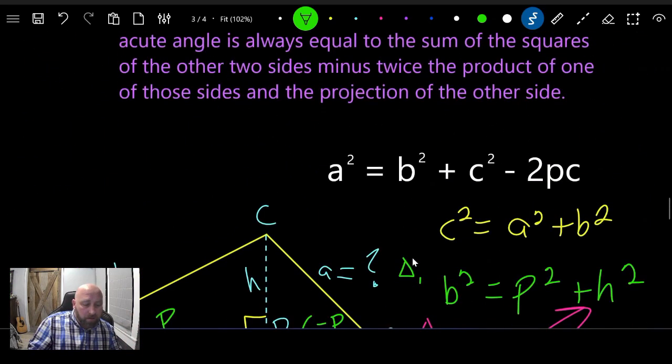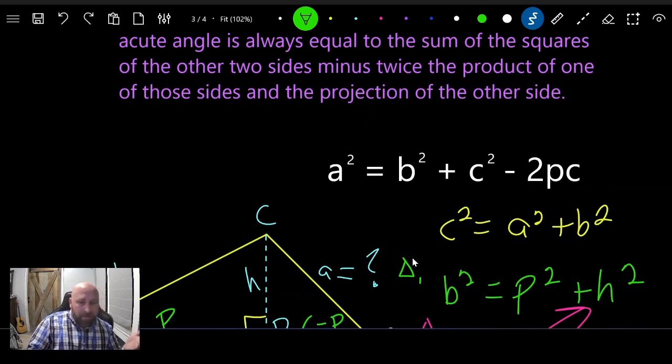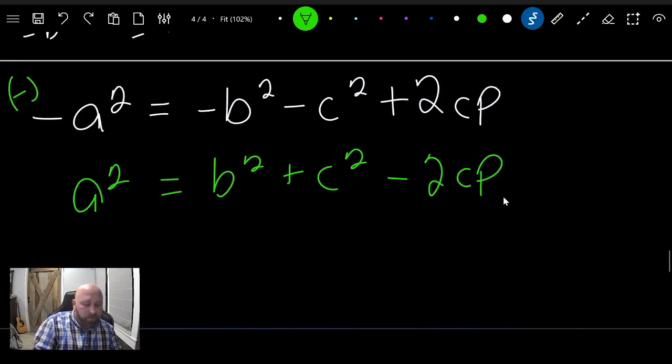Where did we start? This is our formula right here. There's our A squared equals B squared plus C squared minus 2PC or CP. It doesn't matter which order you put those in. We can switch those and it doesn't matter. So that is how you derive that formula.